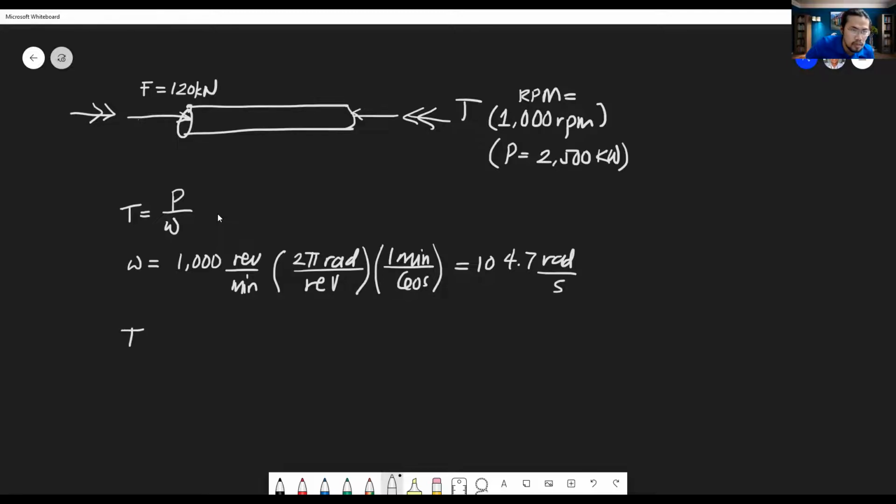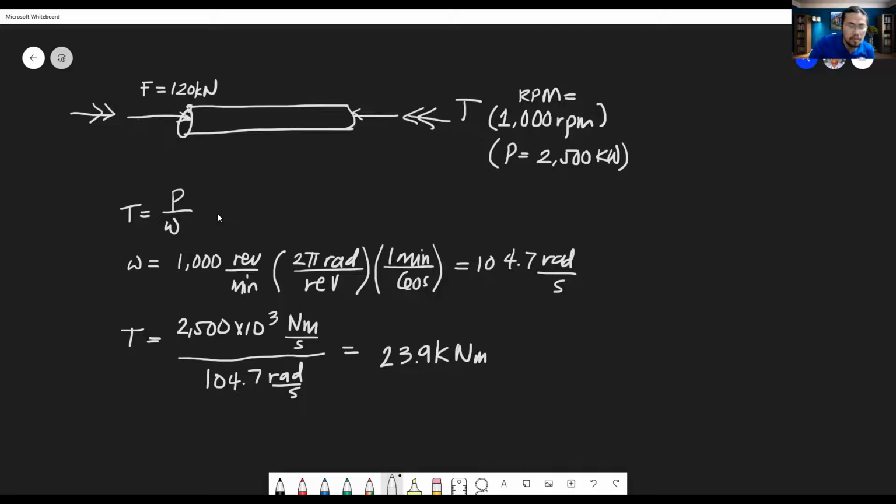So we can solve now for the torque, which is just 2,500 times 10 to the 3 newton meter per second divided by 104.7 rad per second, and that gives us the torque of 23.9 kilonewton meter.